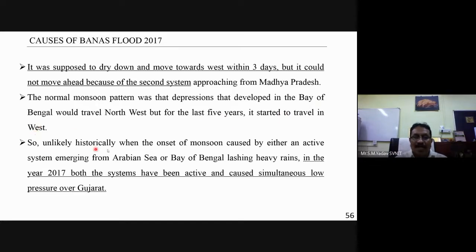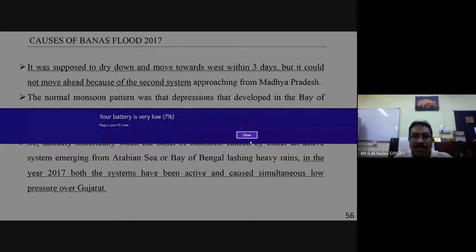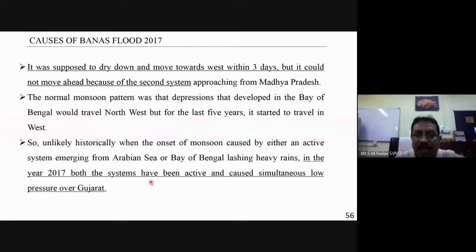Unlike historically, when the onset of monsoon was caused by either an active system emerging from the Arabian Sea or Bay of Bengal, lashing heavy rains, in the year 2017 both systems were active and caused simultaneous low pressure over Gujarat.